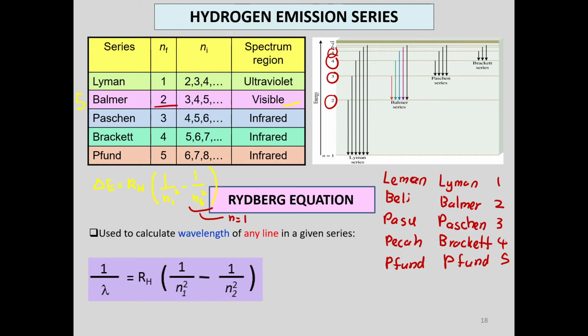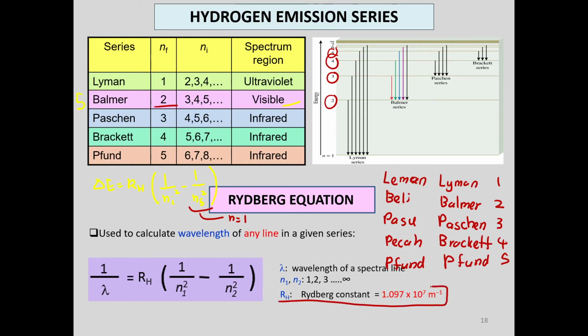Okay, so we have Rydberg equation. Untuk the emission series, this is special sebab kalau you guys tengok Rydberg constant dia berbeza. Okay, sebelum ni kita punya Rydberg constant, RH, is 2.18 times 10 to the power negative 18 joules kan.